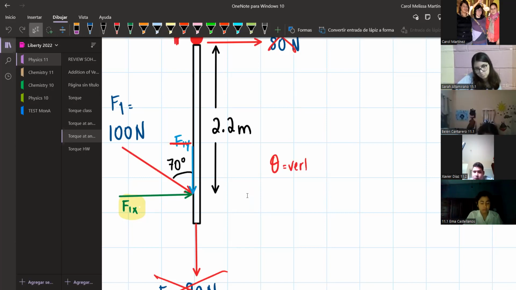How do we get the component F1x, with what trigonometric function? Sine or cosine? For x in a vertical angle, it is going to be sine. Two reasons: this angle from here is the same angle here, so this is in front. If it is in front, we use sine. That's why.